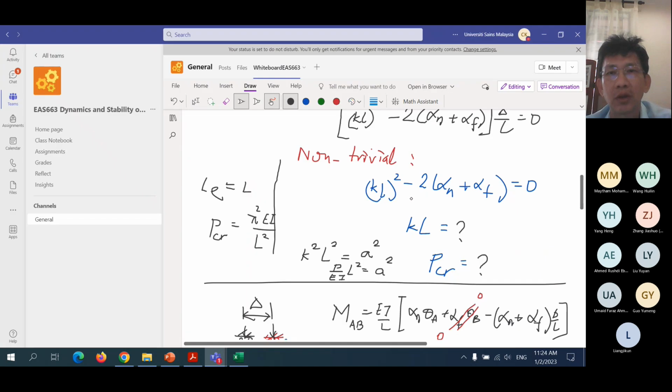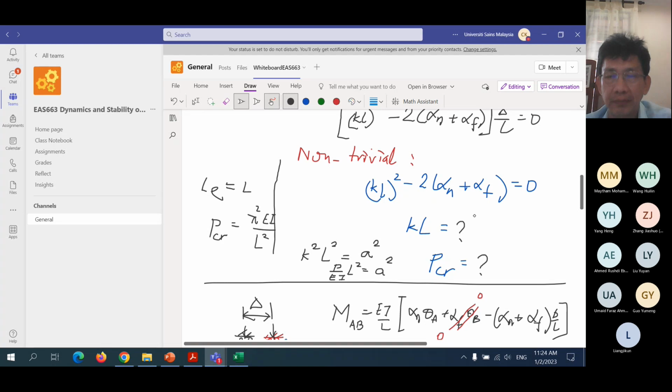emphasize to you here: to solve this problem, you have to assume, using Excel, a series of values of KL. Solving this equation means we want to solve for KL, because alpha n and alpha f are a function of KL. So when you assume a series of values for KL, you can get alpha n and alpha f.